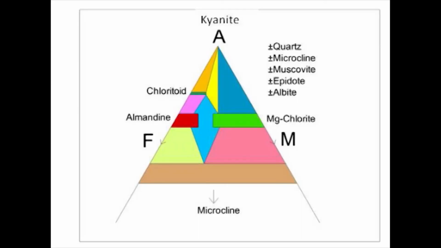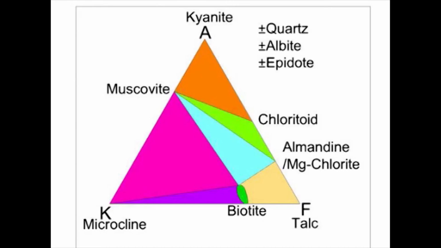And fifth assemblage is your chloritoid, almandine plus chlorite plus or minus epidote plus or minus muscovite plus or minus albite and plus or minus quartz, also known as chloritoid almandine chlorite schist. Sixth assemblage is your almandine, biotite plus or minus epidote plus or minus muscovite plus or minus albite and plus or minus quartz, also known as almandine biotite schist.